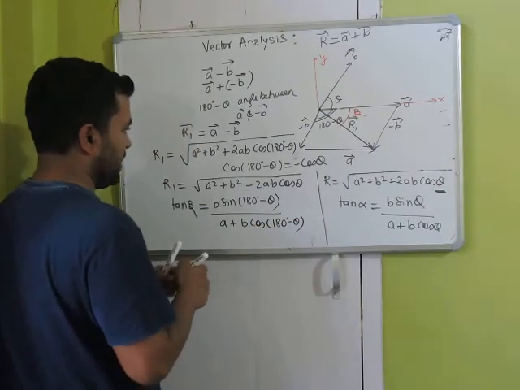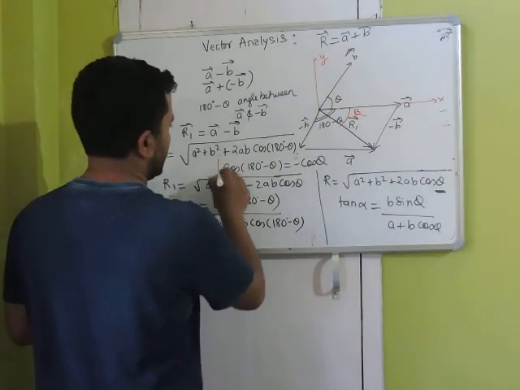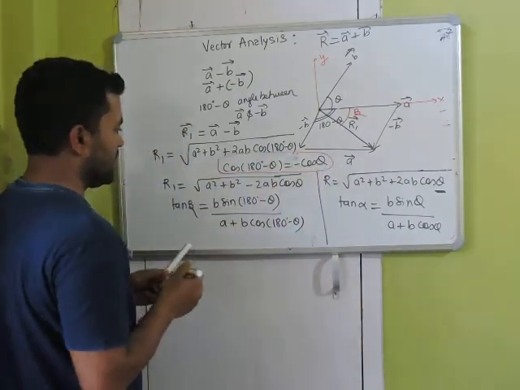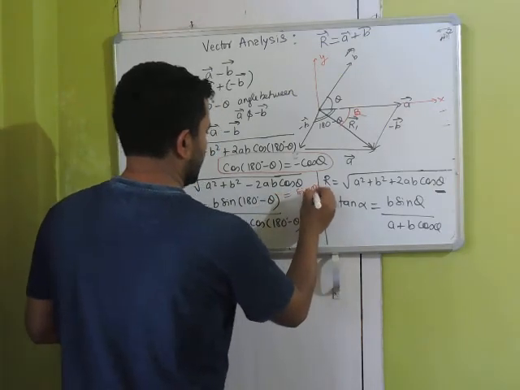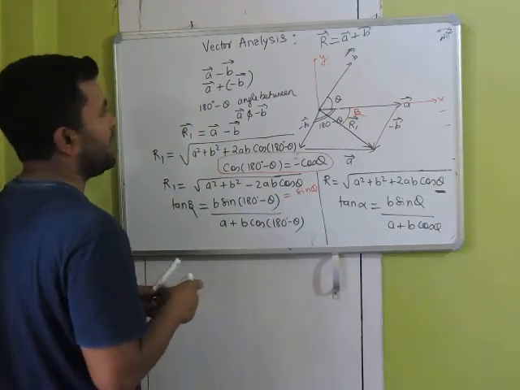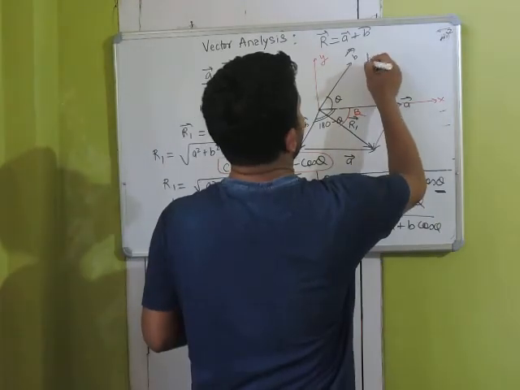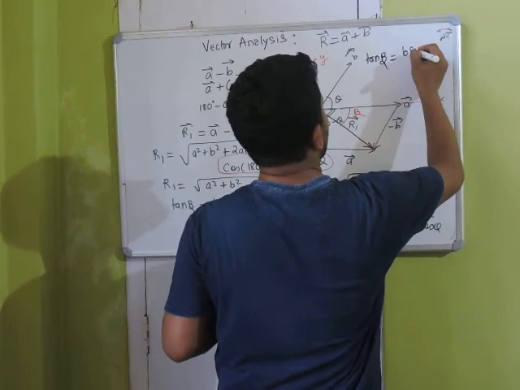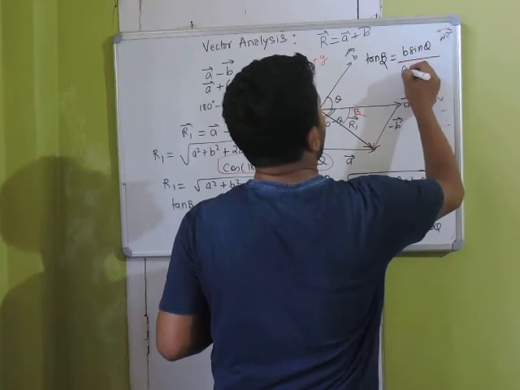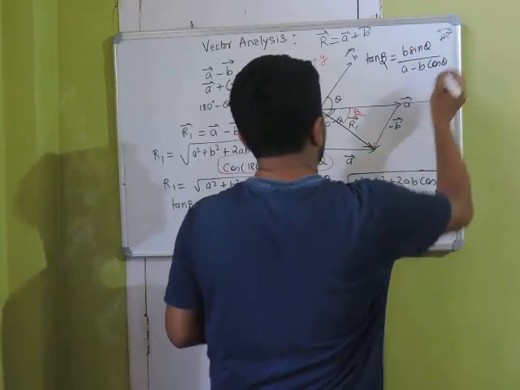Now cos 180 minus theta is minus cos theta, as we discussed, and sin 180 minus theta is nothing but sin theta. So tan beta you will get to be B sin theta over A minus B cos theta.